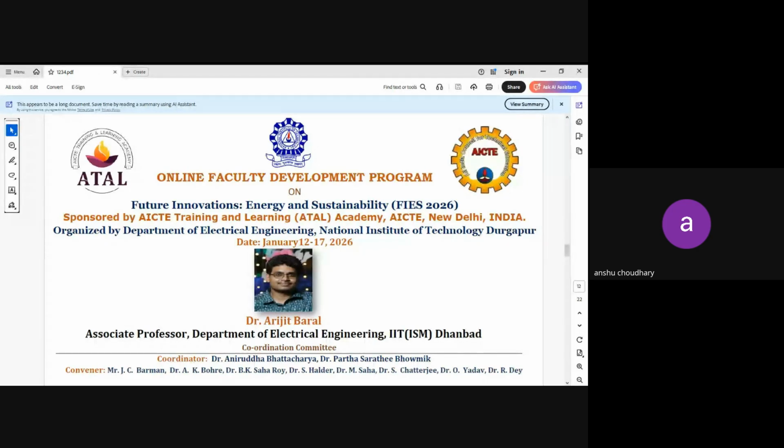During his academic journey, he secured the first position in the order of merit at both the undergraduate and postgraduate levels, and received the Inspire Fellowship from the DST, Government of India, as well as the prestigious Power System Operation Corporation Award in 2015.